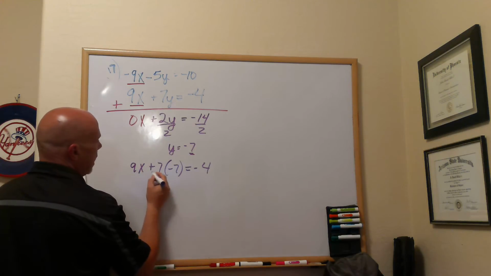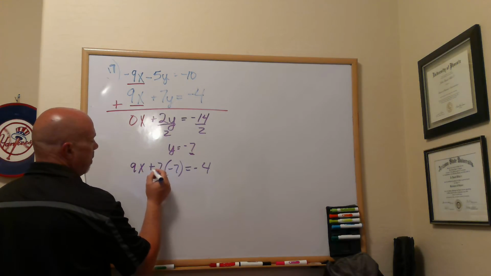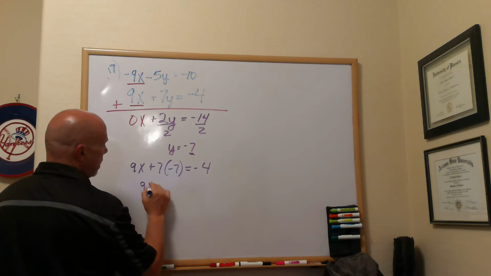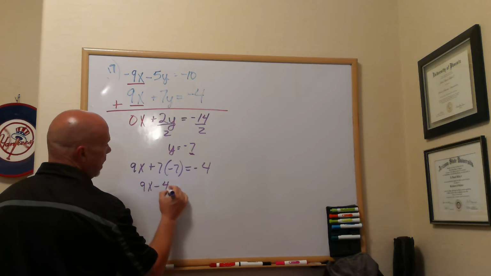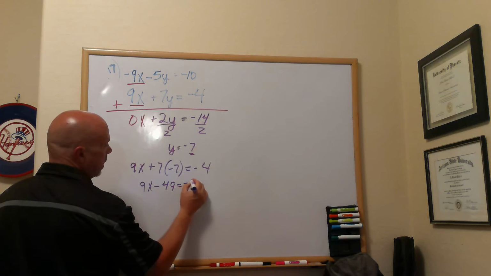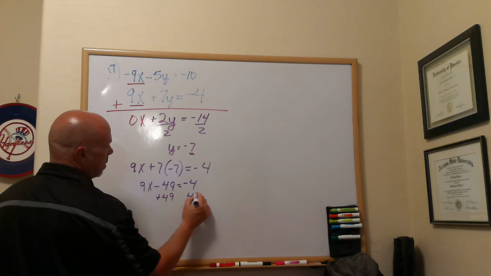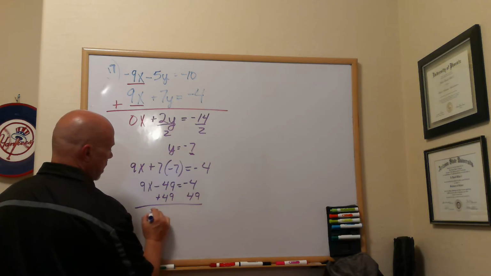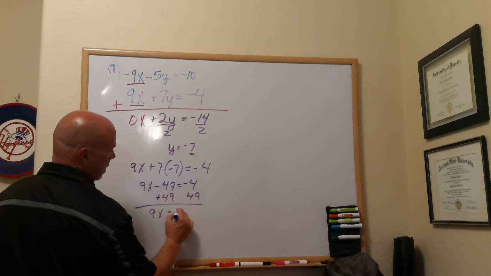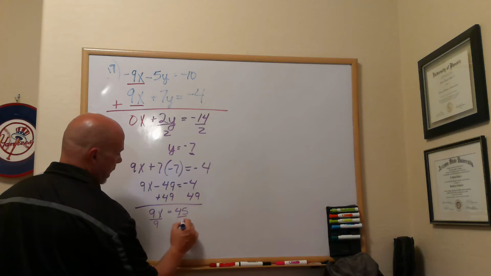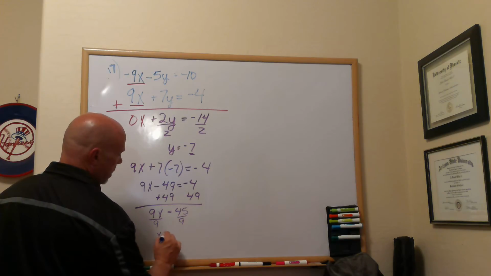So now I have 9x minus 49 equals negative 4. I'm going to add 49 to both sides. 9x is equal to 45, and dividing both sides by 9, I get x equals 5.